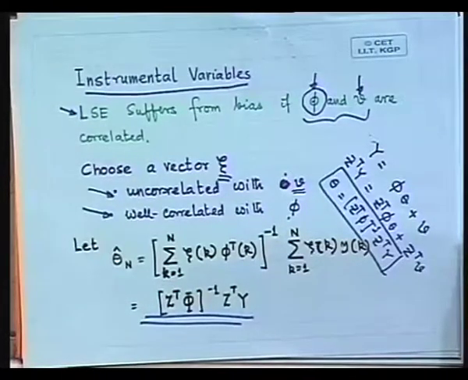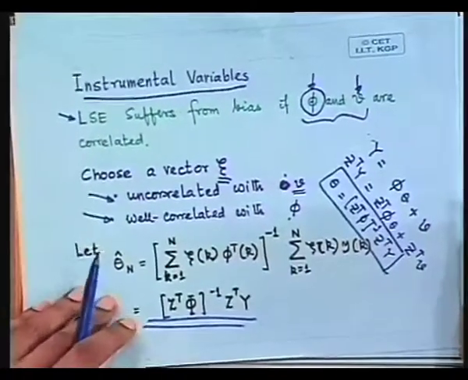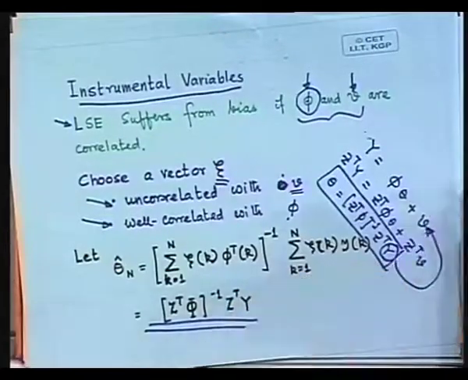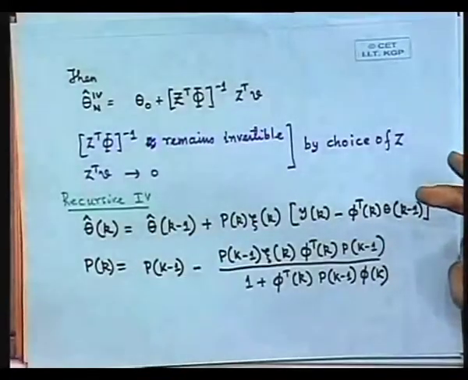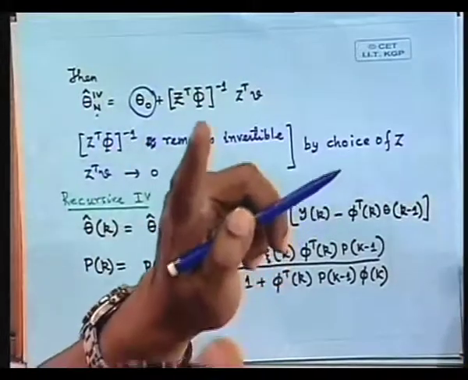Why do I want to do this? Because now it can be shown, for this theta hat n, that if in place of y you put this equation back again, then you will find that theta iv is the true parameter theta naught if your data was generated using the same model.